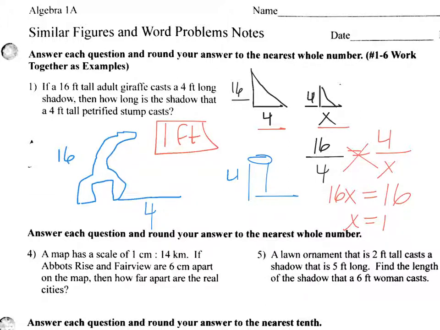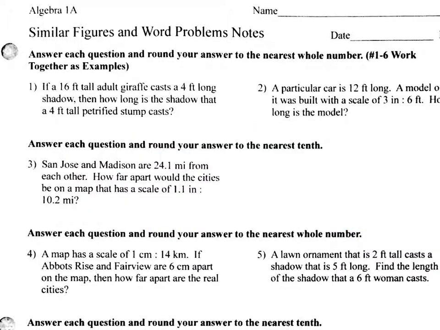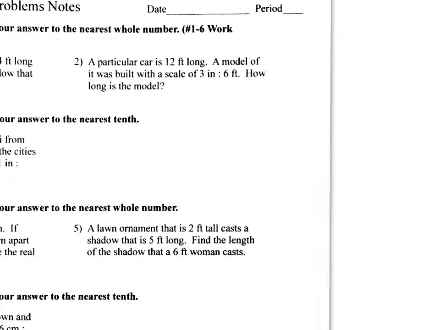Okay. Now, not everything is going to be similar figures. Sometimes it's just a proportional relationship. So here is one that talks about a model car. Whenever you look at model cars or model anything, there's always a scale factor. This is our scale factor. 3 inches is 6 feet. I'm going to write that as a fraction, but I'm also going to include the units.